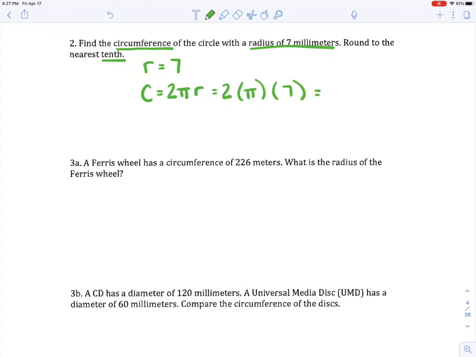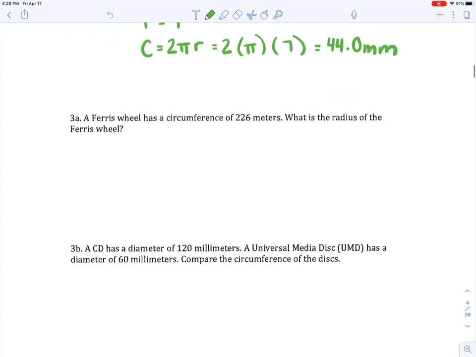If you wanted to make it more simple, when you plug in, you could just do 14 times pi. Remember, you can move the numbers around when you're multiplying. We call that the commutative property. So 2 times pi times 7, rounding to the nearest tenth, gives me 44.0 millimeters.